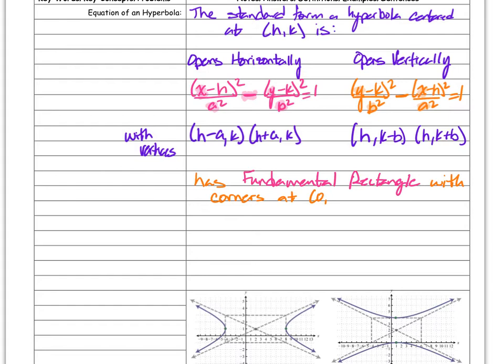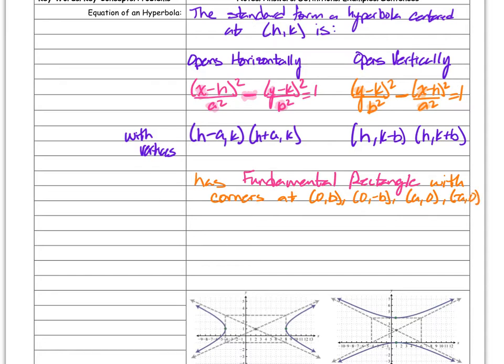(0, b), (0, negative b), (a, 0), and (negative a, 0). Okay?